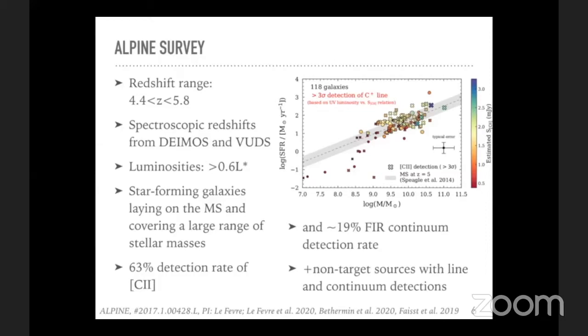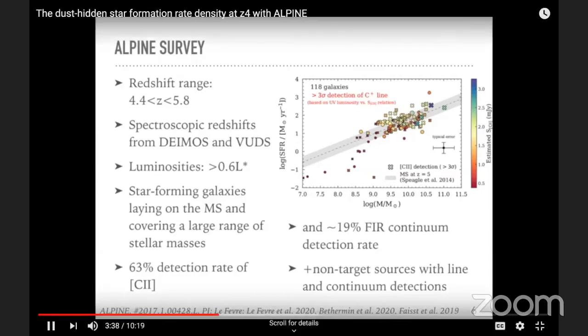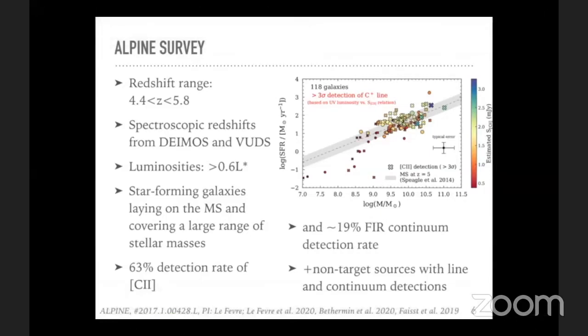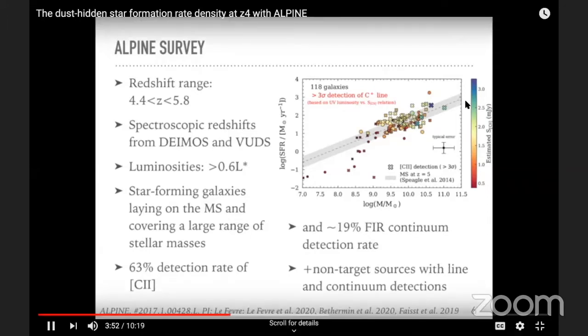Also, this survey is very good to constrain star formation rate density, since it covers a very large range of properties such as stellar masses, UV magnitudes, and star formation rates. Based on UV data, we can see that these are galaxies which are on the main sequence.